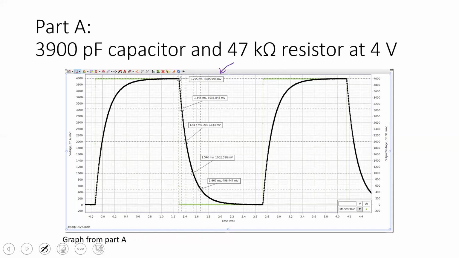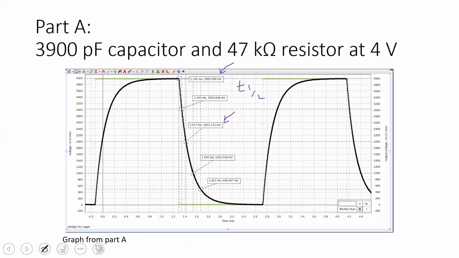So I know that half of my max voltage should be just about 2 volts. So I have a time that it took to get from 4 volts to 2 volts. What I want to do is measure that time difference, right? Because that is going to give me information on the half-life. How long did it take to get down to half the voltage?